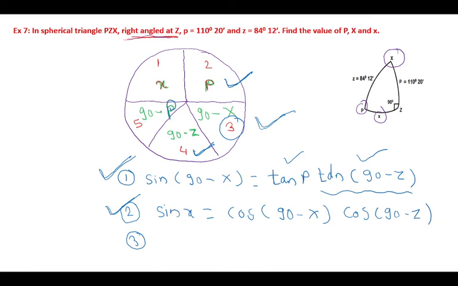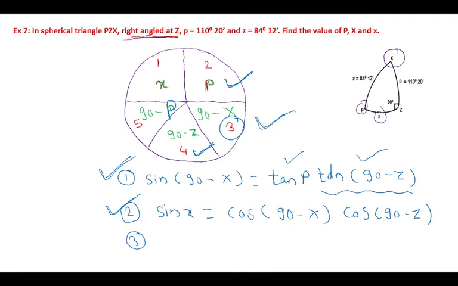Say sine of 5 is equal to tan of 1 and 4, or sine of 5 is equal to cos of these two, or sine of 4 is equal to tan of 5 and 3. Use any one and you will get the required answer.